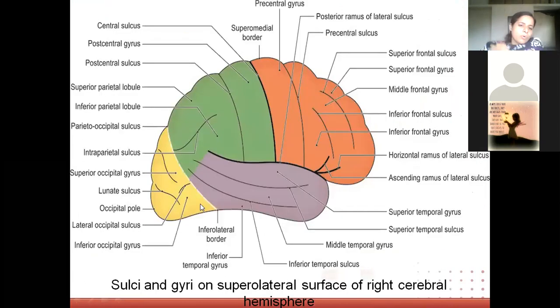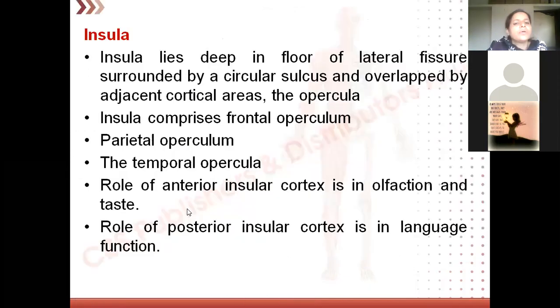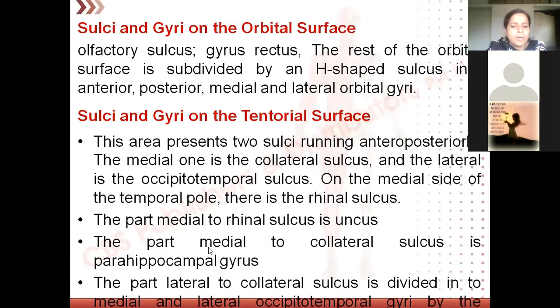In the occipital lobe, in this view, you are finding the lunate sulcus and the lateral occipital sulcus. The gyri are inferior occipital gyrus and superior occipital gyrus. The same thing is given in the form of a table also.